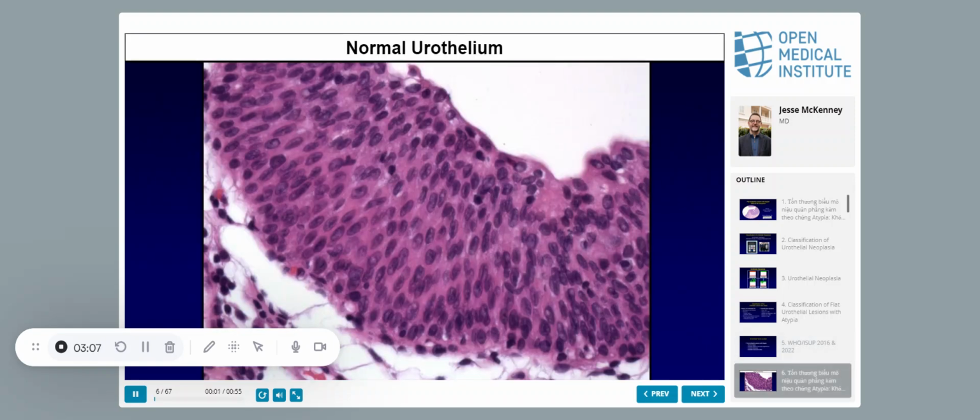So normal urothelium is weird looking. There's a lot of variation, and a lot of benign urothelium gets diagnosed as dysplasia or different things. So basically, and you'll see this picture again, at the base, the cells are streaming upward in a linear fashion from the basement membrane, perpendicular.